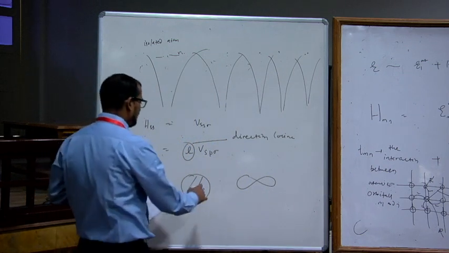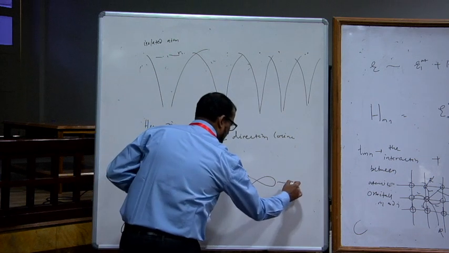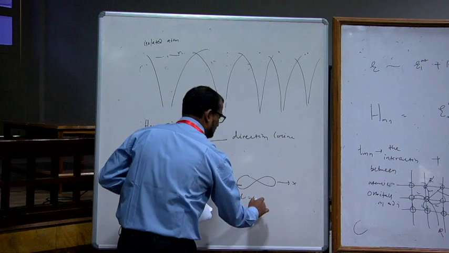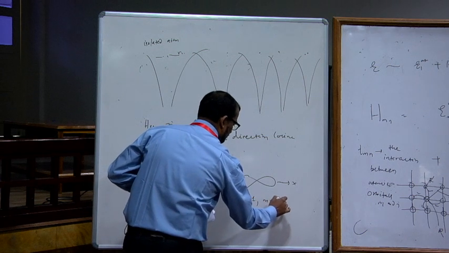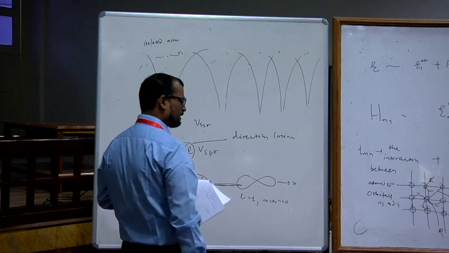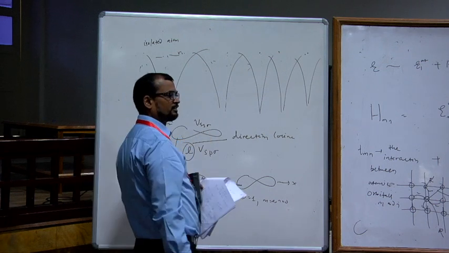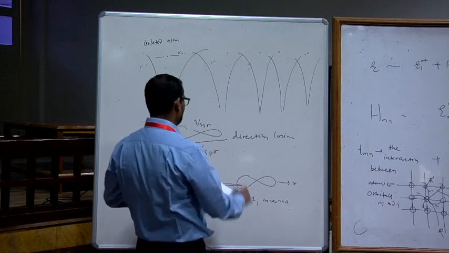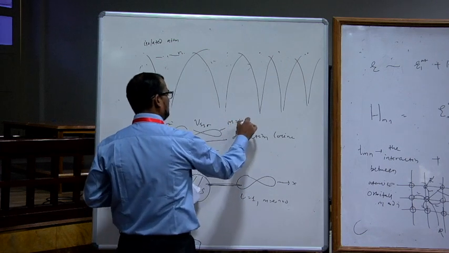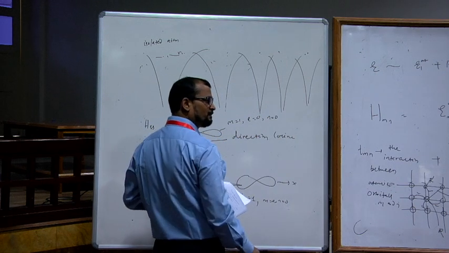The interaction exists only along the x-axis, because your L is equal to 1, M is equal to 0, N is equal to 0. Okay? So if I have a state like this, their interaction is weak, because your M is equal to 1, L is equal to 0, N is equal to 0. Okay?